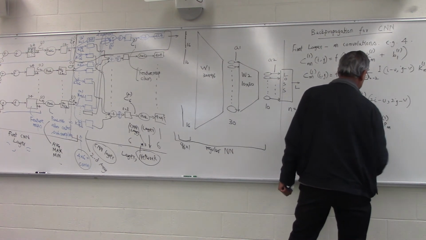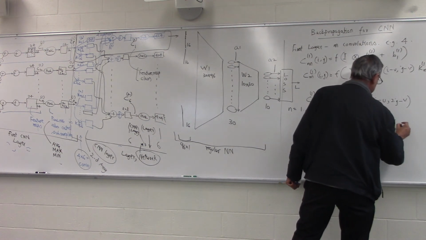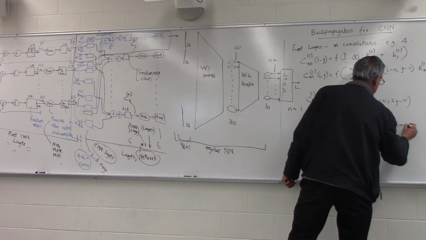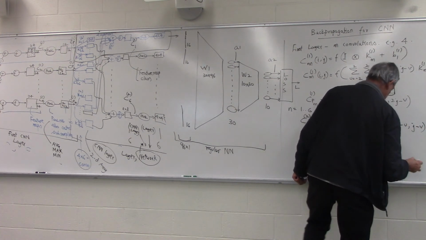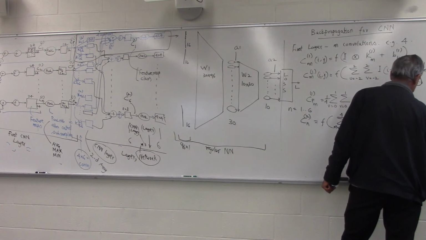Okay, so previous output, and I minus U, J minus V, and the kernel of UV.